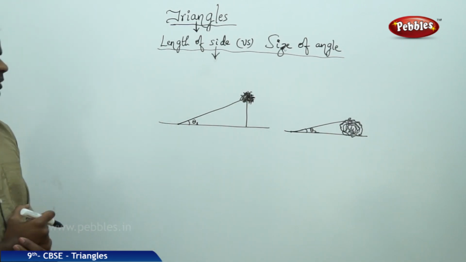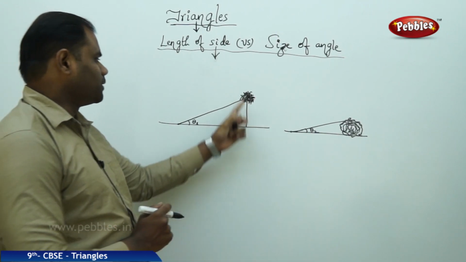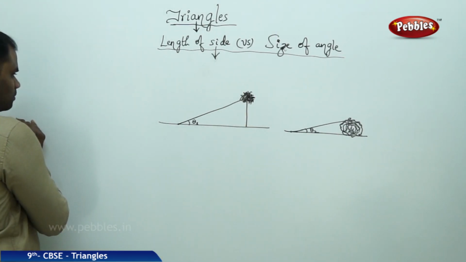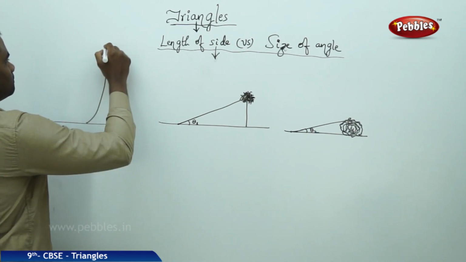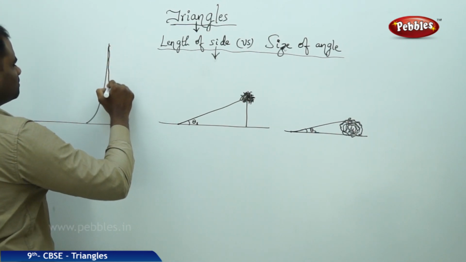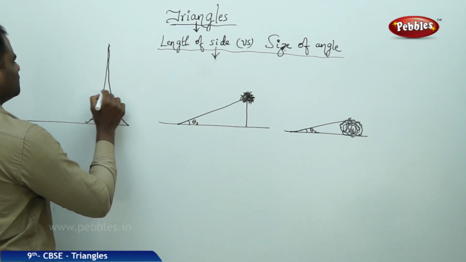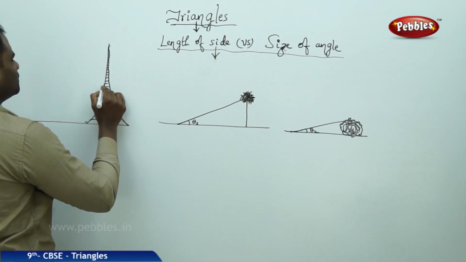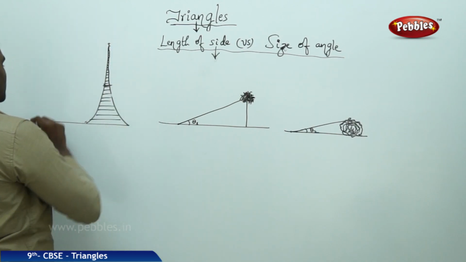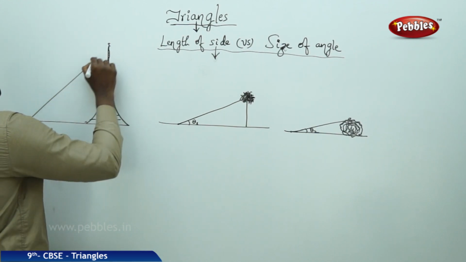Then what do we observe from these two real life situations? Here is the palm tree, and say I have one more case where I have an Eiffel Tower out here. And I'm at the same distance watching the top of the Eiffel Tower.